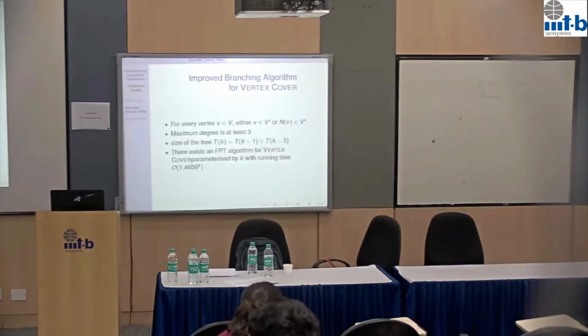When we go to T of K minus 1, we have to choose a vertex with degree at least 3. It need not always be the maximum degree. I think the maximum degree will help practically, but for analysis purposes this is enough.